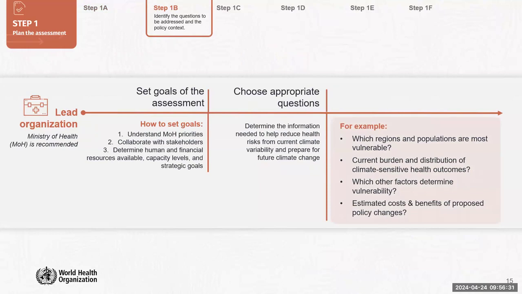When we choose the appropriate questions, here we have examples of things that we would want to ask, like which populations and regions are most vulnerable, and which other vulnerability factors that we are not looking at could determine vulnerability. There's issues of cost and benefits if we change policies. So there's many questions that we can set up very early in the process. Next, please.